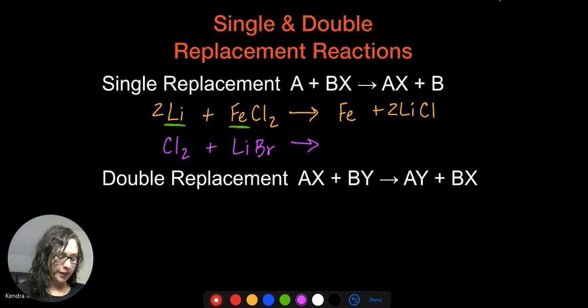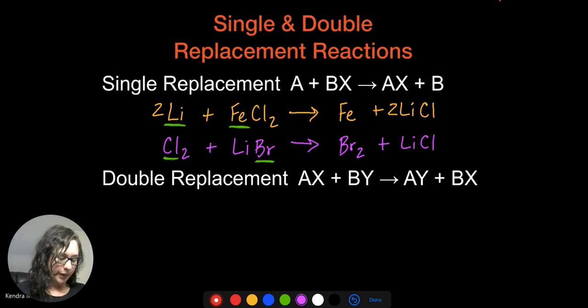Since chlorine is a nonmetal, we have to replace the nonmetal or the anion with the other anion. It only happens if the thing that's by itself is more reactive, and we'll go over that in a little more detail later on. And so with this one we would end up with Br2 plus lithium chloride. And so those are two different examples of how we could see single replacement.